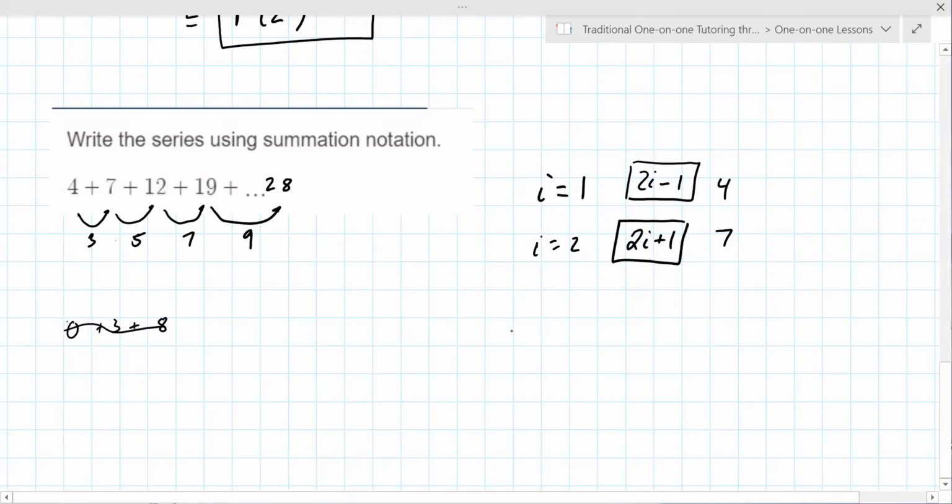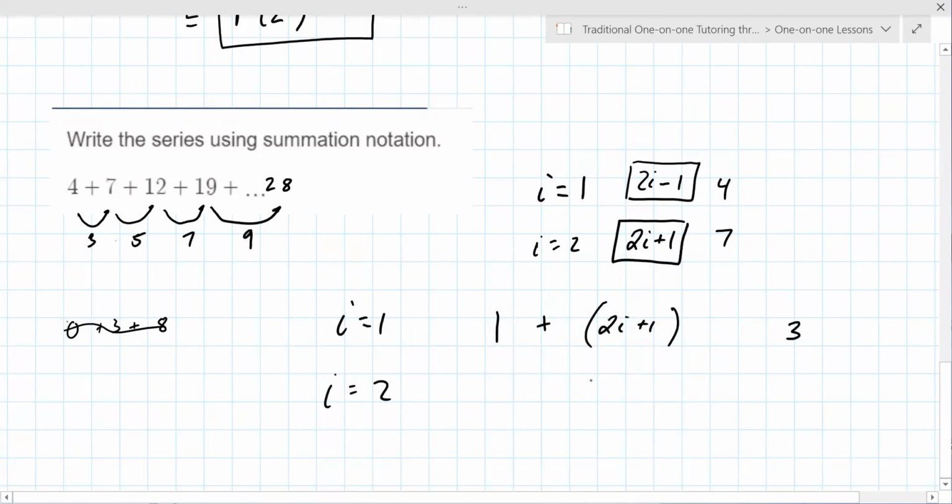When i equals 1, 2i plus 1 equals 3, so we could do 1 plus that.